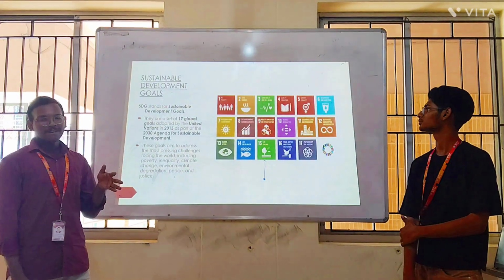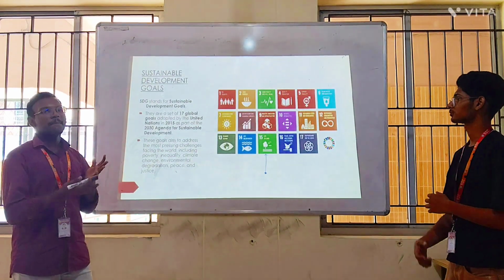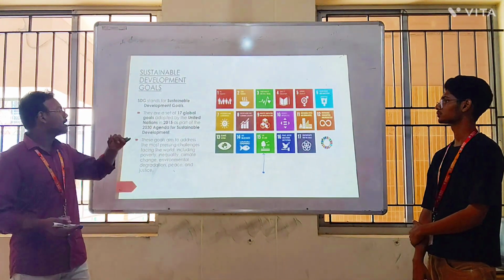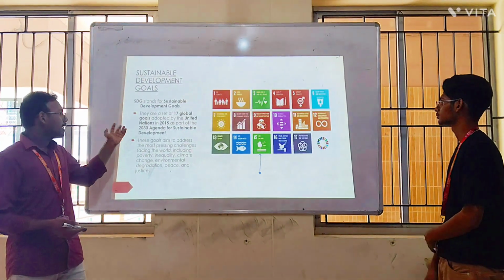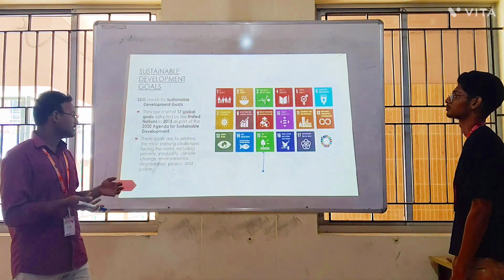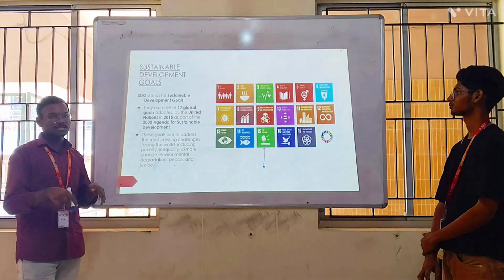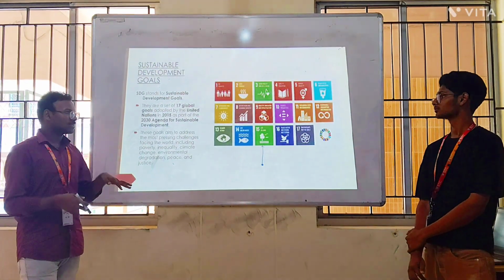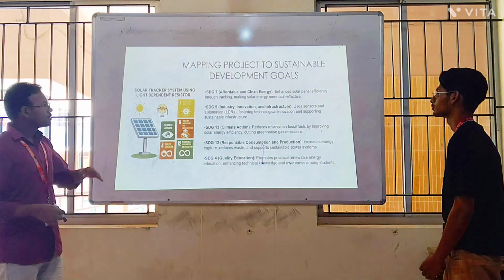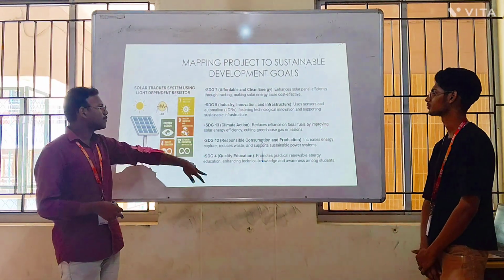Tanuj has briefly explained the project, so we will see how it is mapped to the sustainable development goals. We have 17 goals adopted by the UN in 2015 to be achieved before 2030. These goals are aimed to address present challenges. Our project is mapped to SDG 7, 9, 13, 12 and 4.